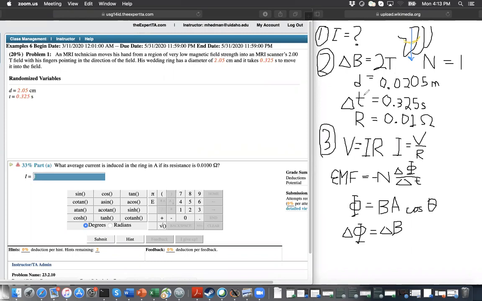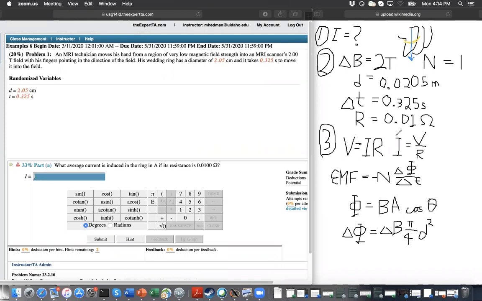Do we know the area of the loop? Yes, because we know the diameter of the ring. The area of the loop will just be pi over 4 times the diameter squared. That's the area of a circular ring, and you can look that up if you're worried about it.